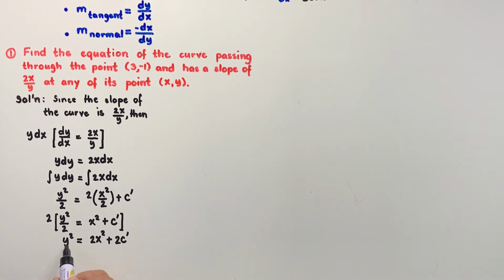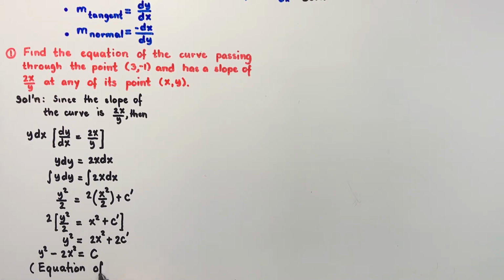And if we subtract 2x squared from both sides of the equation, we have y squared minus 2x squared equal to c, because 2c prime is just a constant. So we'll represent this 2c prime as just c.